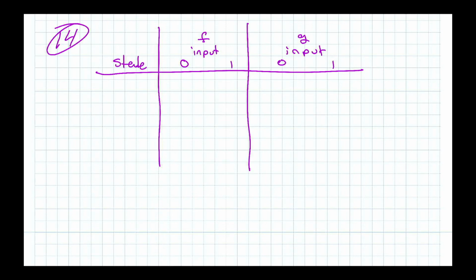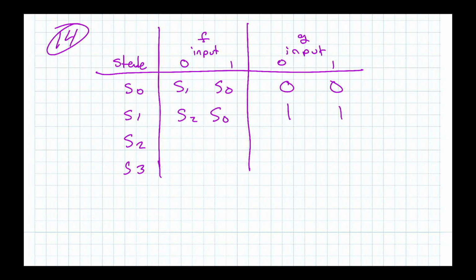So we're going to draw a state table here. We have 4 states, S0, S1, S2, S3. Then here we have S1, S0, 0, 0, S2, S0, 1, 1, S0, S3, 0, 1, S1, S2, 1, 0.